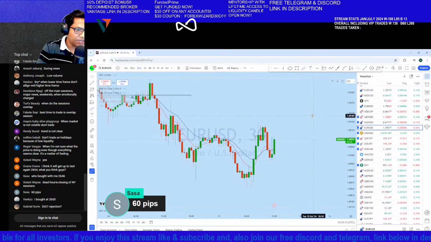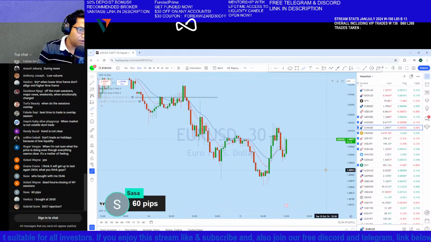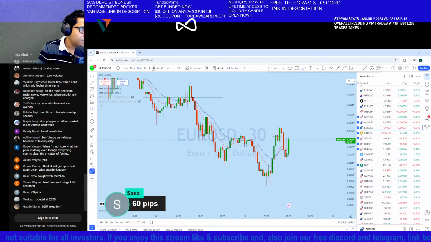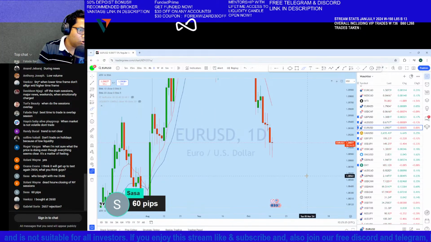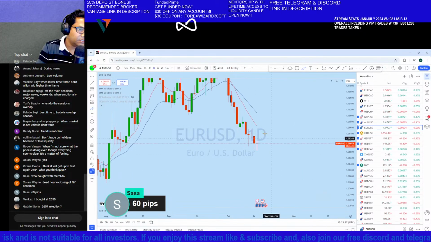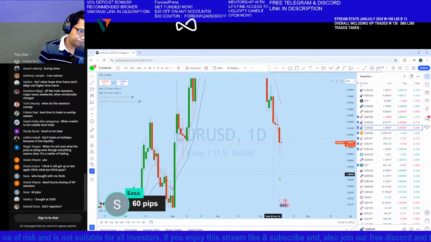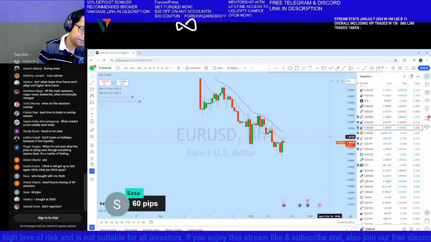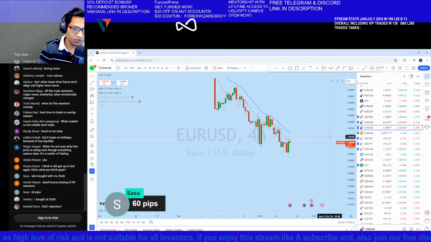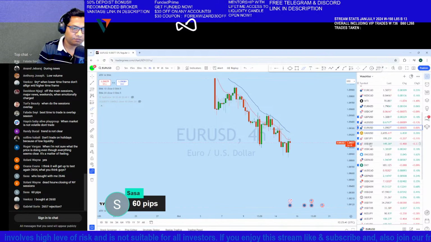Euro dollar, basically we can see that this is a long term. If we look at the daily, the market dropped well below, and it's a strongly falling market on the daily. But anytime we might see, we can expect potential reversal because this market is overextended in one direction.